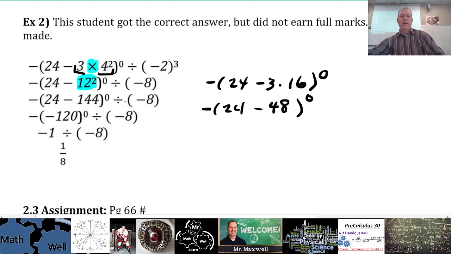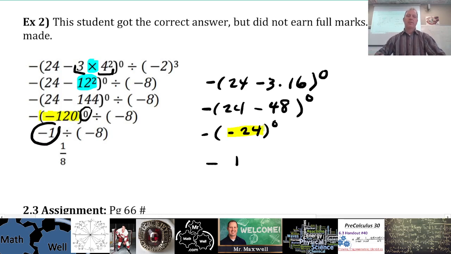So 24 minus 48 is negative 24. That would be to the power of 0, which would have been negative 1. So same answer because of the power of 0, but this number was not quite right. That should have been a negative 24.